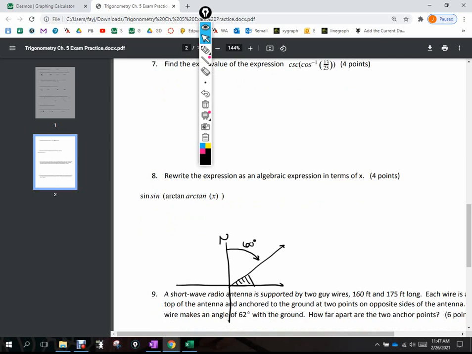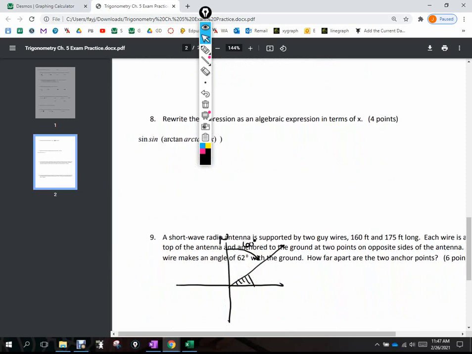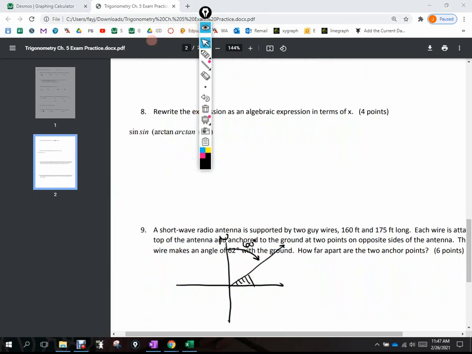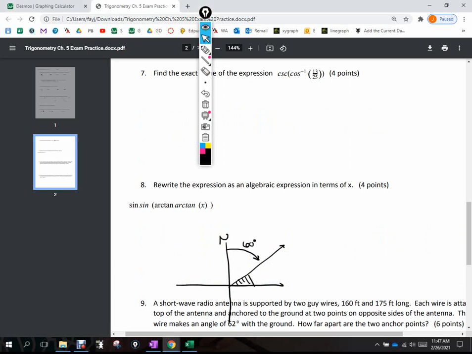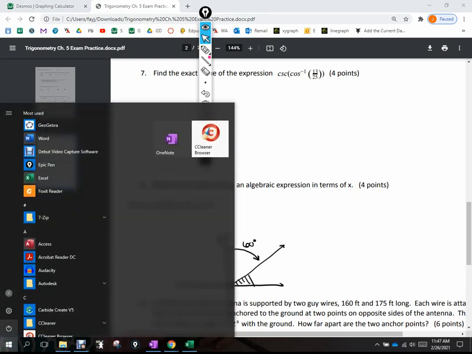All right, so I should have looked at this before I gave it to you, but for whatever reason, this happens from time to time when I transfer things over into Word documents and then they get changed to PDFs, because I use MathType to put these equations in here.